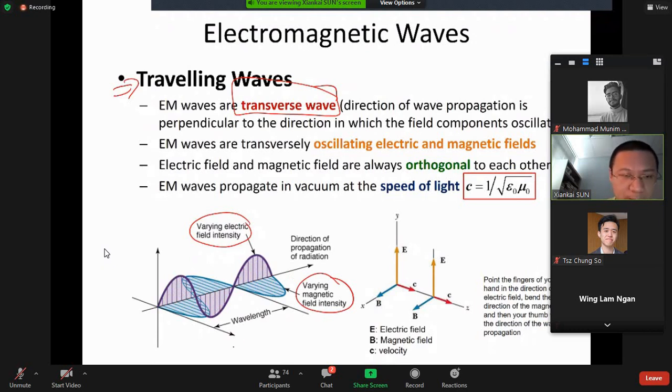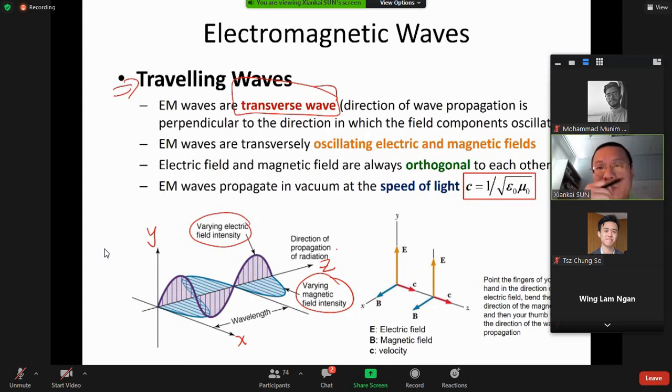Say this is X, this is Y, and this is Z. So the propagation direction is along the Z direction, and the electromagnetic fields oscillate in the plane of X and Y, the XY plane. Okay?